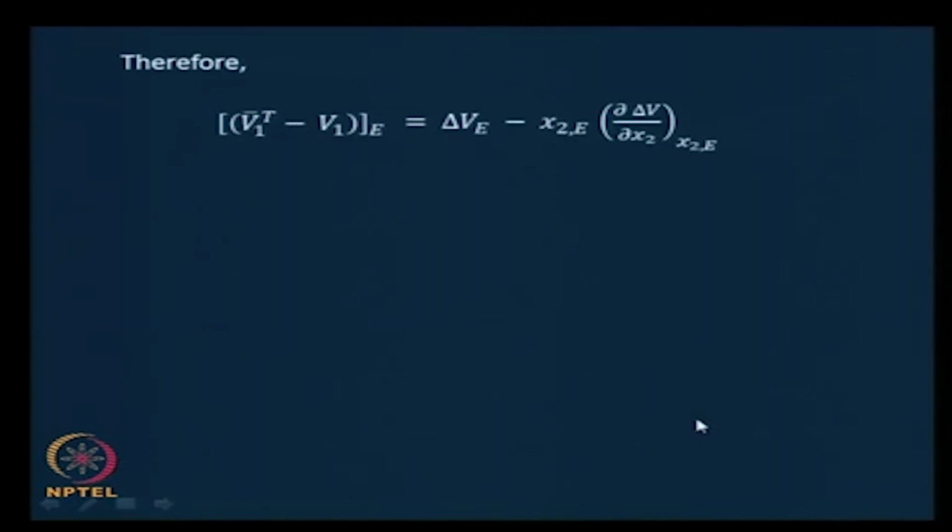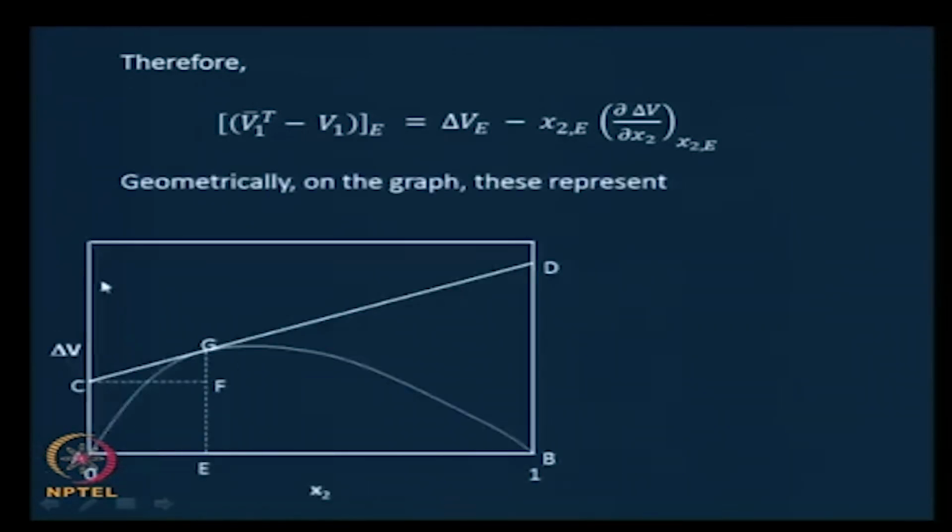We saw that from mixing experiments, which can be represented as change in volume with a certain mole fraction, you get a curve like this, and if you are interested in the partial molar volume at E, then you take this point on the curve at E, draw a tangent to the point there, and the intercept here, C A, would actually give us the difference between V1 hat, the partial molar property, and the molar property at 1, and since you know the molar property at 1, you could find the partial molar property.